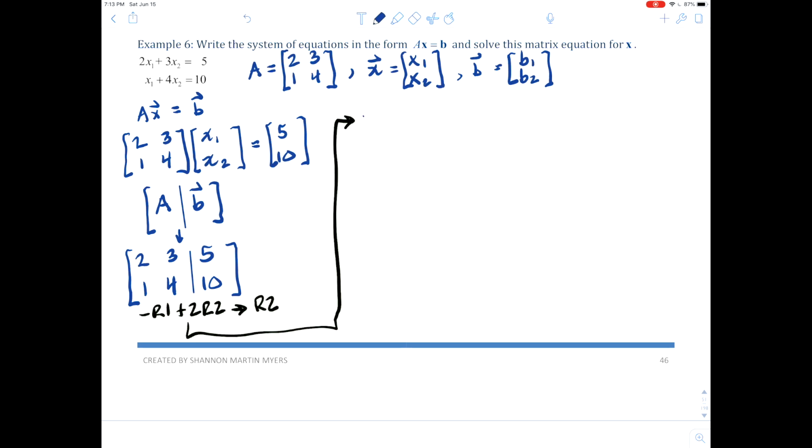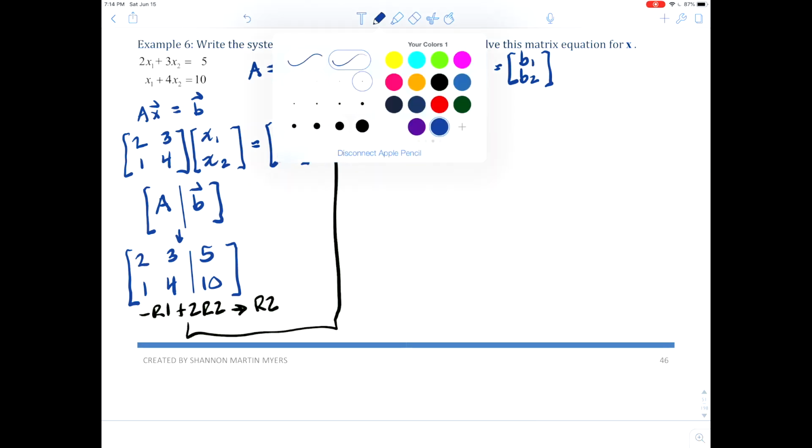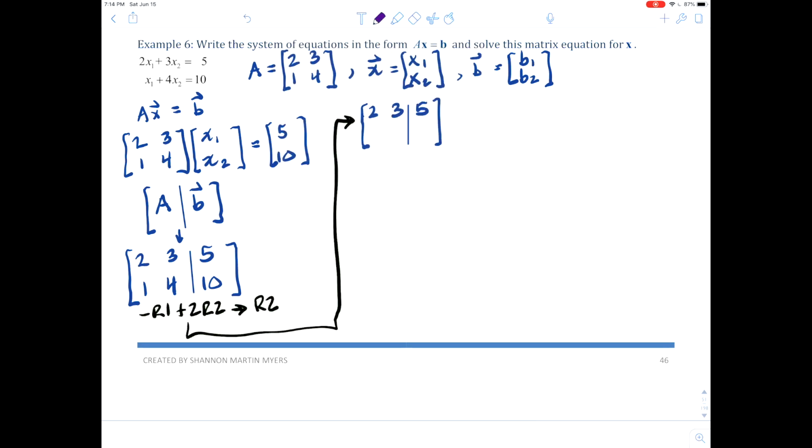Our row 1 stays the same, so I'm just going to rewrite it as it was. And our new row 2 is going to be awesome, 0, just like our evil plan. And then negative 3 plus 8 will be positive 5. And then we'll have negative 5 plus, let's see, 2 times 10 is 20. So that'll give us 15.